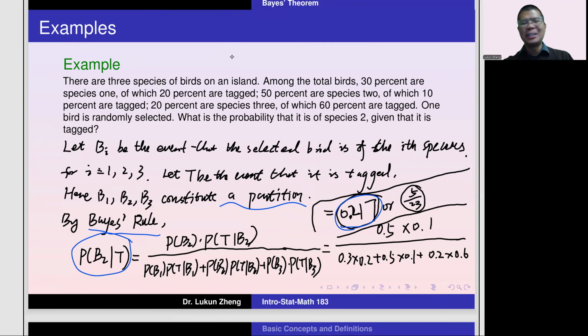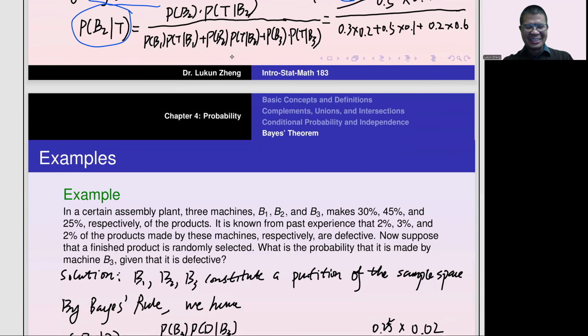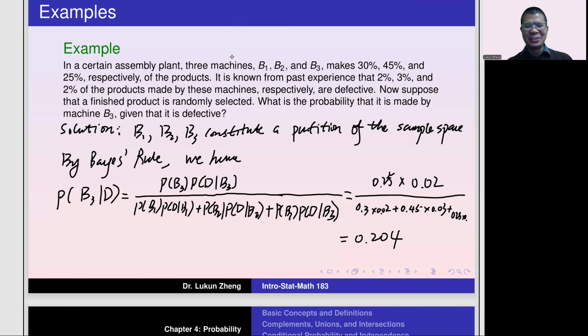They are just equal. In this one as well, B1, B2, B3 is a partition. By Bayes' theorem, the probability that a product is made by machine B3, given it's defective, is given by this, 0.204. You got it. All right, so this is the Bayes' theorem.